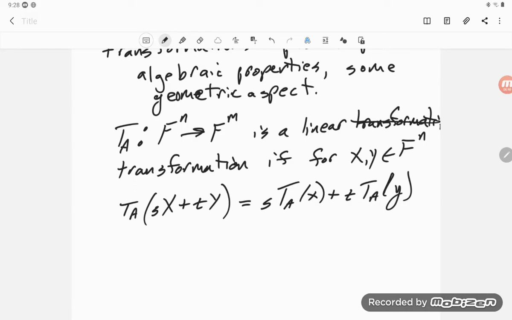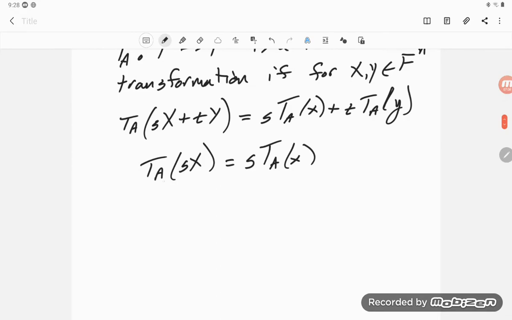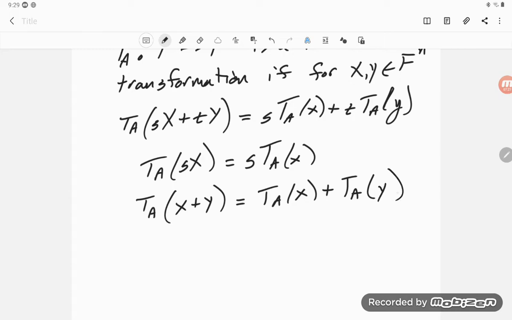And so there were two things that happened there. We had scalar multiplication come out. So we had T_A of s x is just s T_A of x. And we had addition that could be brought out outside of this function. And so if we had x plus y here, then that's T_A of x plus T_A of y.